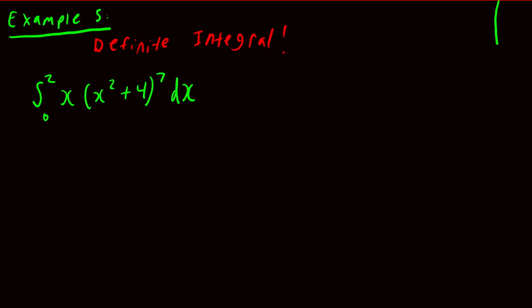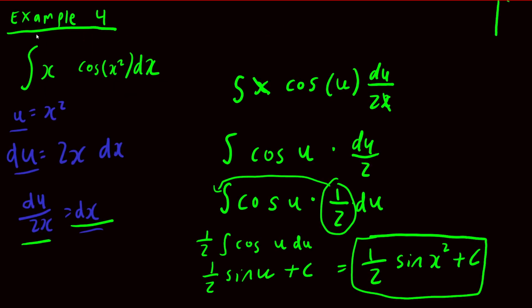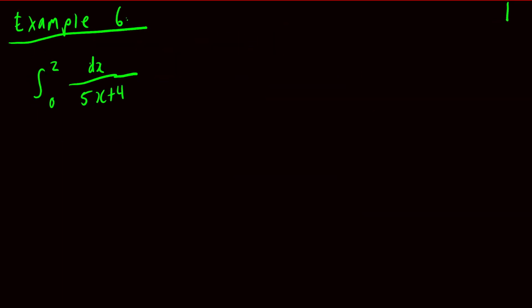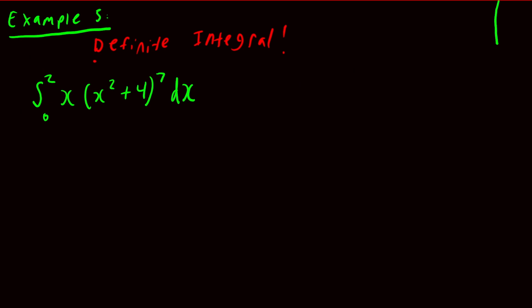Okay. So, if you guys haven't noticed, the ones we've been doing have been indefinite integrals, so that means there have been no bounds. This is a definite integral, right? We have bounds. Now, this is like the final boss of u-substitution, okay?